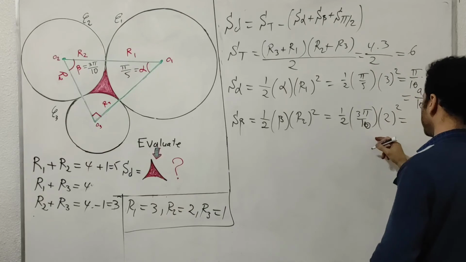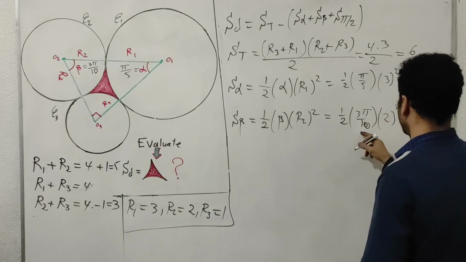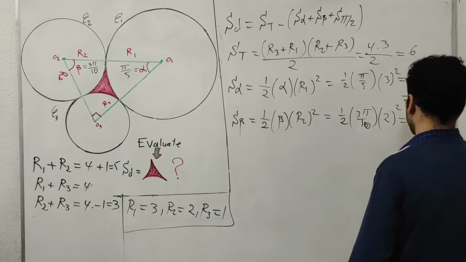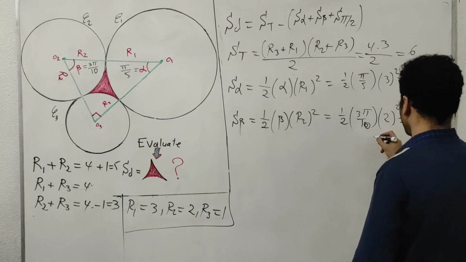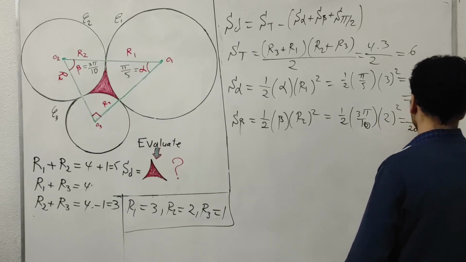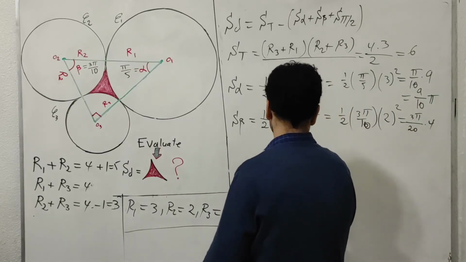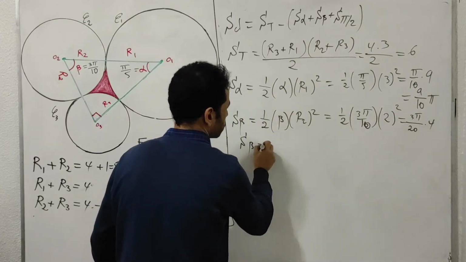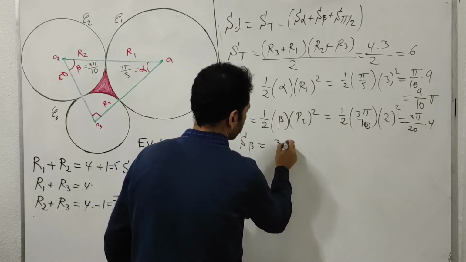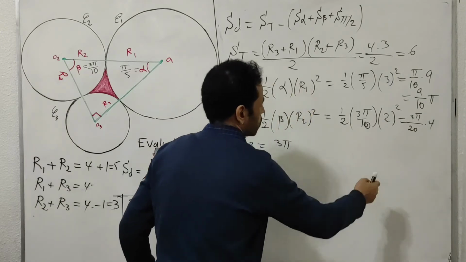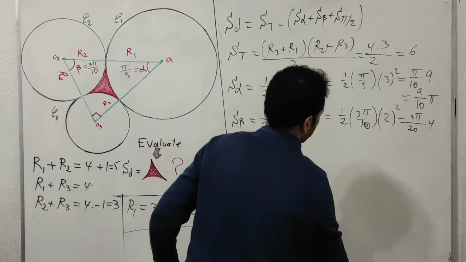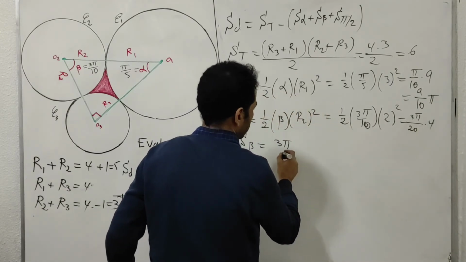So by simplifying this calculation, I will get 3 pi over 20 multiplied by 4. So that means S beta equals 3 pi, cancelling 4 in numerator and denominator, I will get 3 pi over 5.